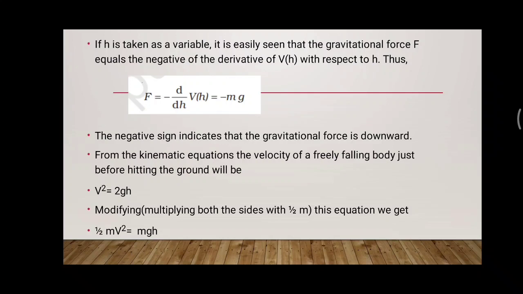That is, gravitational force is equal to minus d by dh of V of h, which is equal to minus m into g into dh by dh, that is minus m into g. The gravitational force upon a body will be equal to minus m into g, where m is the mass of the body and g is the gravitational acceleration.